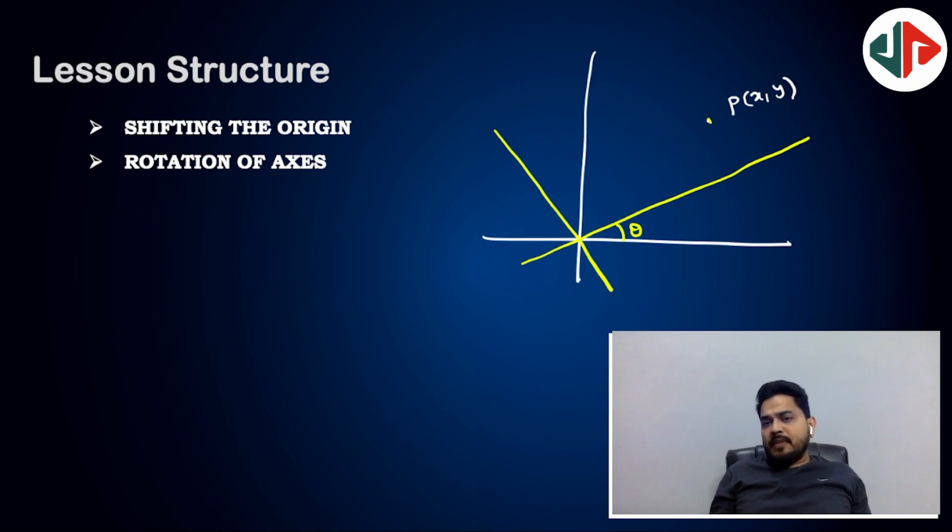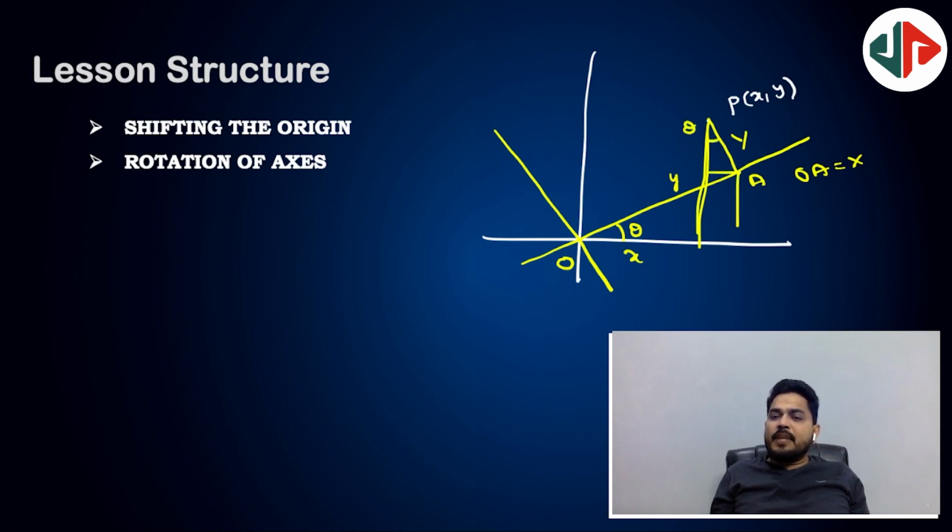From here, if you drop the perpendicular, this is capital Y, and this point, OA, is equal to capital X. Whereas if you drop this one, this is small x and this is small y. You take it up and this angle is going to be theta. You complete this diagram. So this length is x.